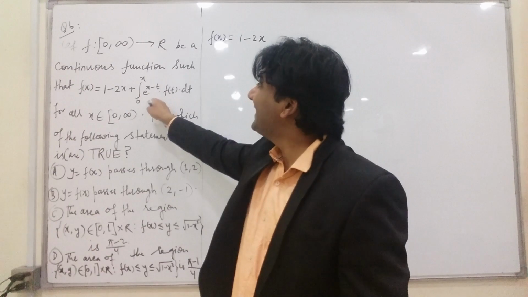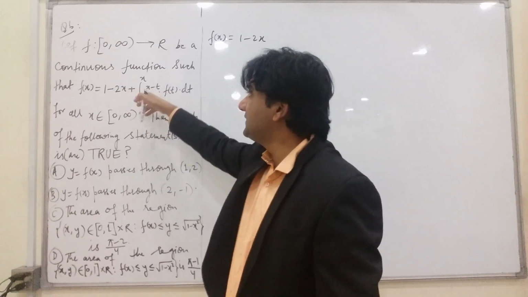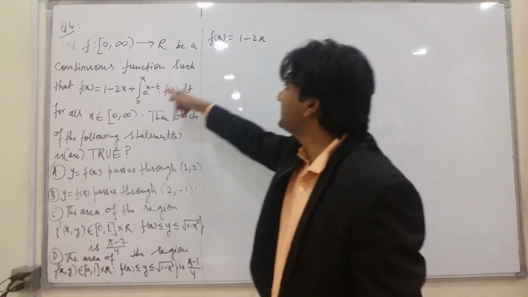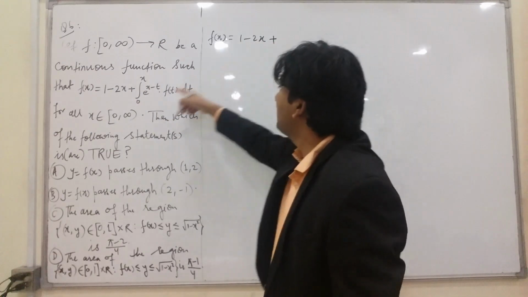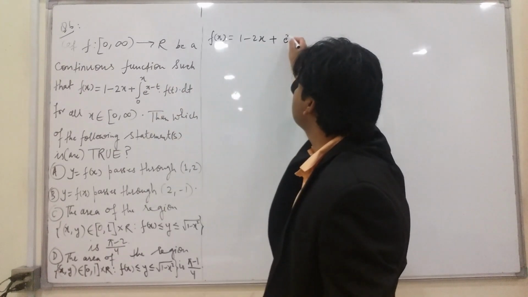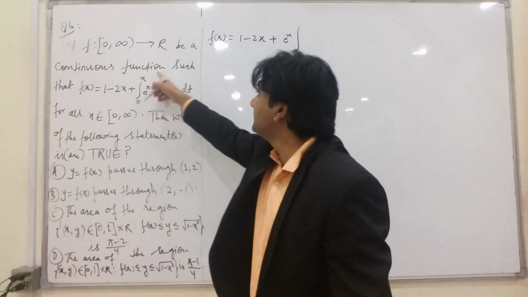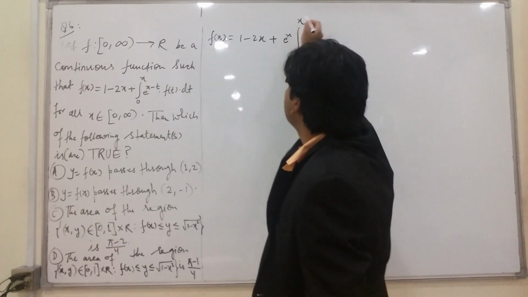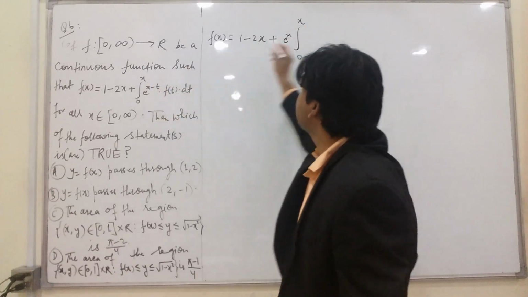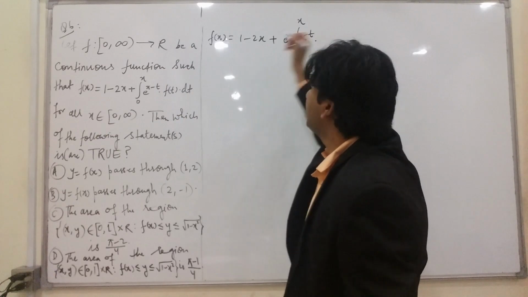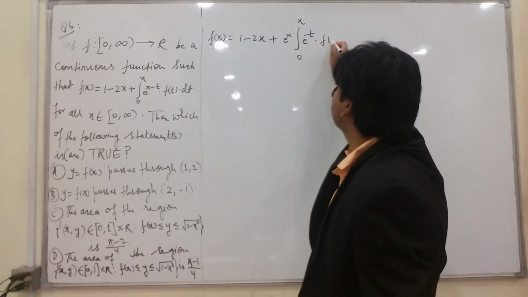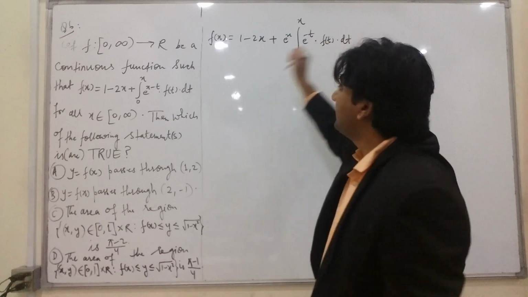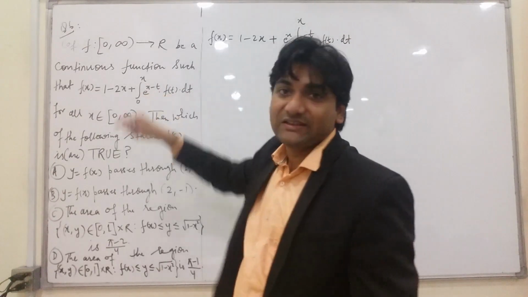So you can take e raised to x outside of this integral. So 1 minus 2x plus, you can break e raised to x, and then integral 0 to x, and then e raised to minus t here, and then this is f of t dt.